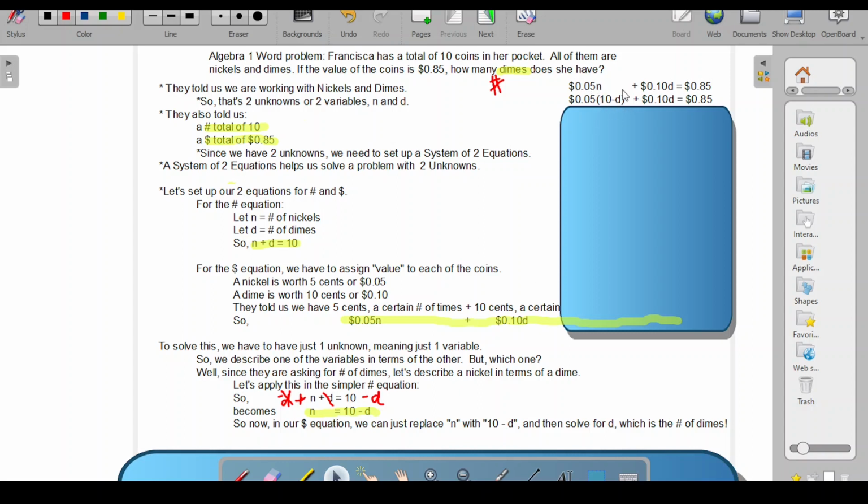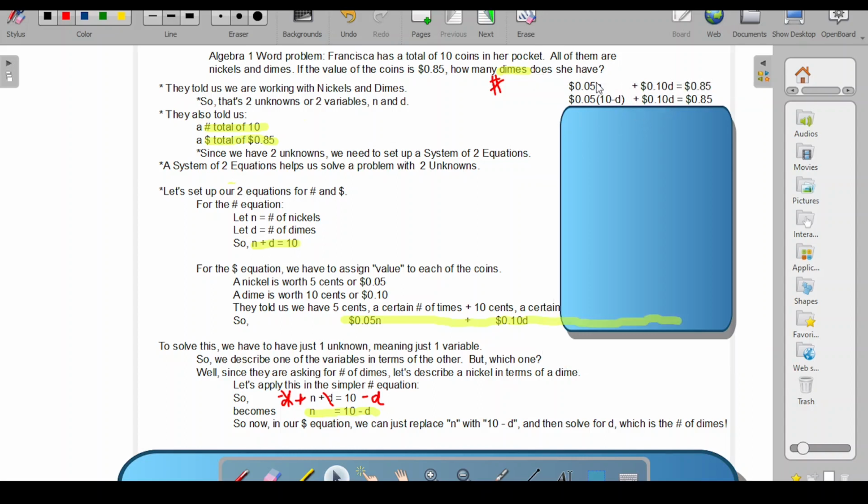And of course we have to use parentheses because in math, that shows that we're going to multiply this entire expression within the parentheses by the 0.05. We have to use the distributive property. So 0.05 times 10 minus 0.05 times d. That's what we're going to do in the next step.